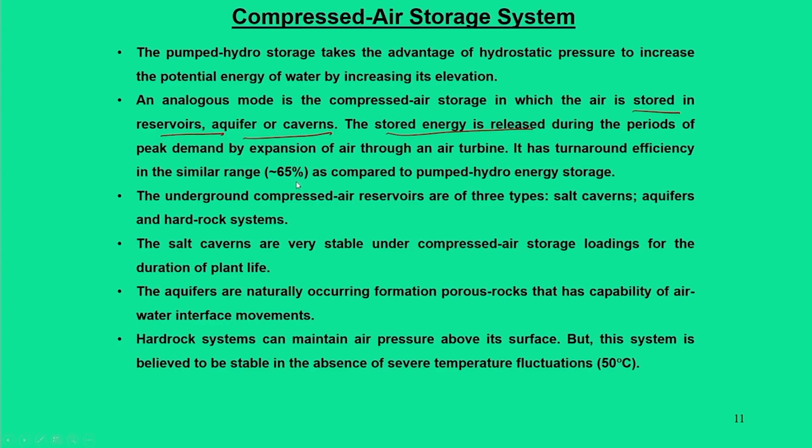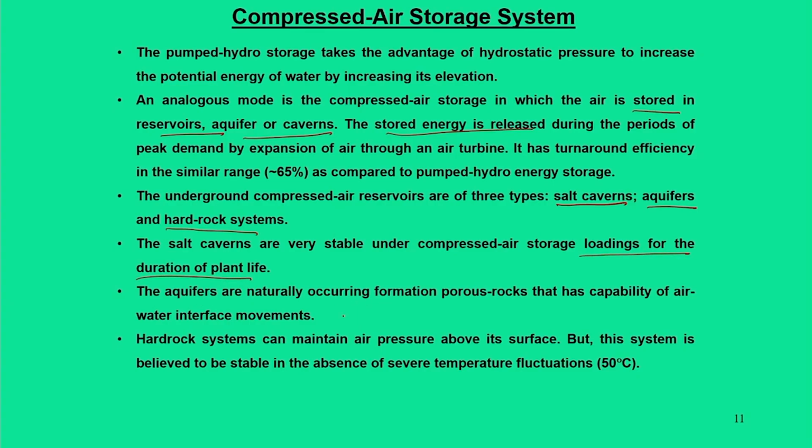Now, looking at the storage, compressed air storage systems can be of three types. One is salt caverns, aquifers or hard rock systems. Salt caverns are the most stable compressed air storage systems, because of their loading for the entire duration of the plant life.